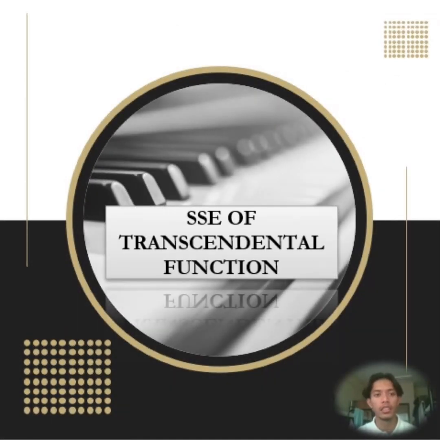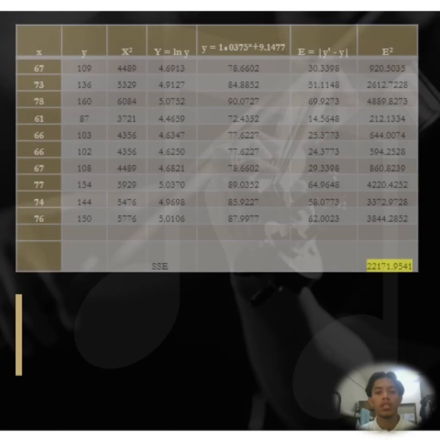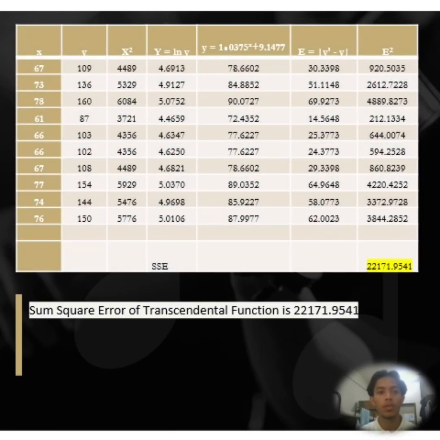Next is the sum square error of the transcendental function. For this, we get y new equal to 9.1477 times 1.0375 to the power of x.